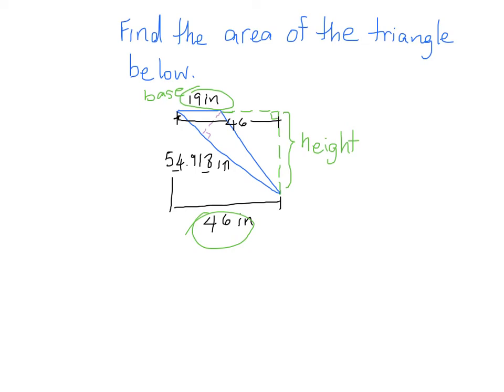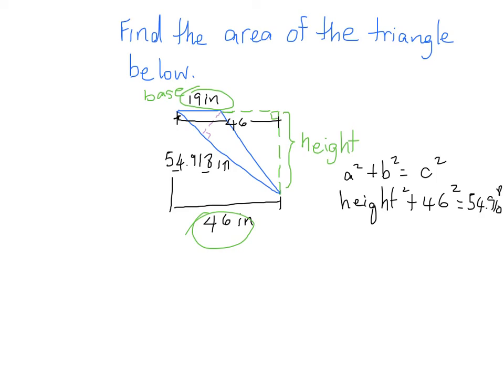Since it's a right triangle, we can set up the Pythagorean theorem. In the Pythagorean theorem, we know that a squared plus b squared is equal to c squared. So a is our height, so height squared, which we're looking for, plus 46 squared is equal to 54.918 squared.